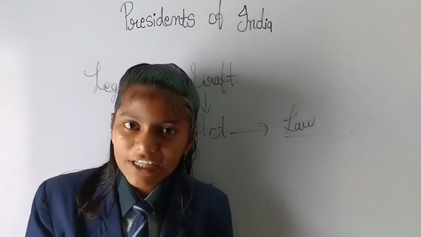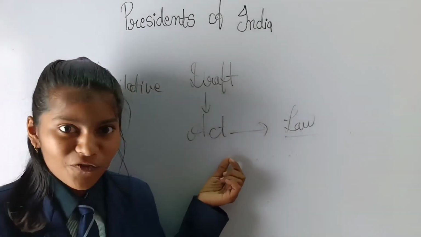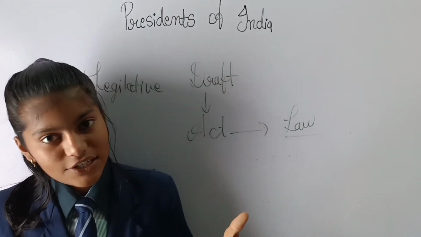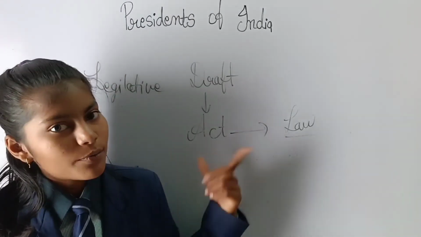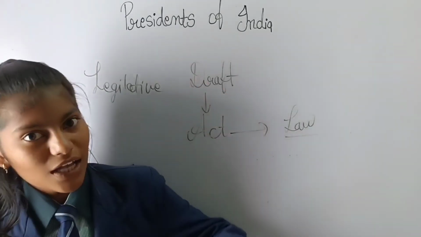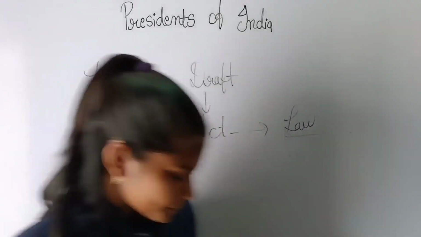If it is approved, it becomes a law. If not, it is removed. Understand? Ordinance is a different thing, act is a different thing, but in a way it's the same. Just in that time the parliament is not in session.